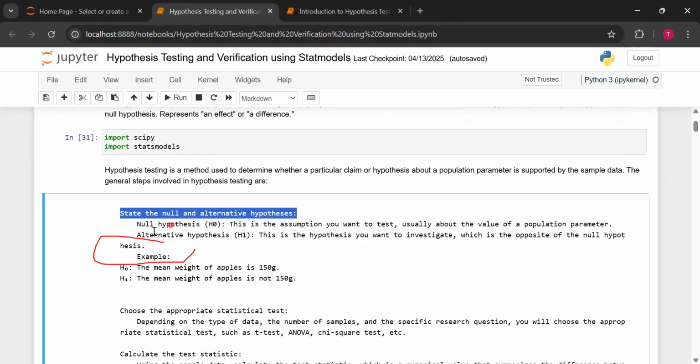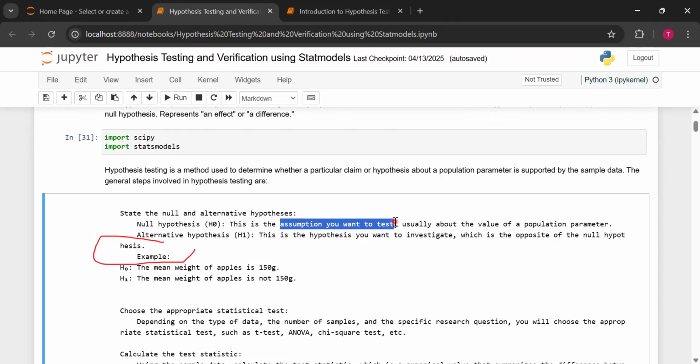Again, just as an example, the null hypothesis, we say that what? It is an assumption you want to test. Many a time you hear people say we don't test the alternative hypothesis; we test the null hypothesis.